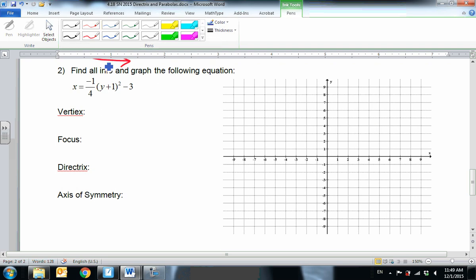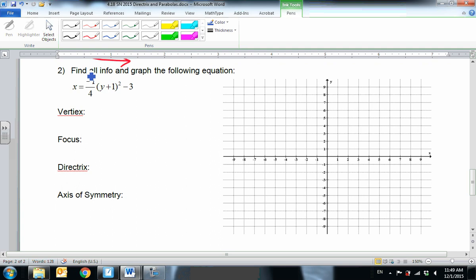First thing immediately, when you look at this, and as you're looking at them from now on, is the first thing you have to decide is if your parabola is horizontal or vertical, and if it opens in the positive or the negative direction. Okay? So look at this number 2. Notice that we have an x equals. Do you see that? When we have an x equals, that immediately tells us it's what kind of parabola? Horizontal. Good.